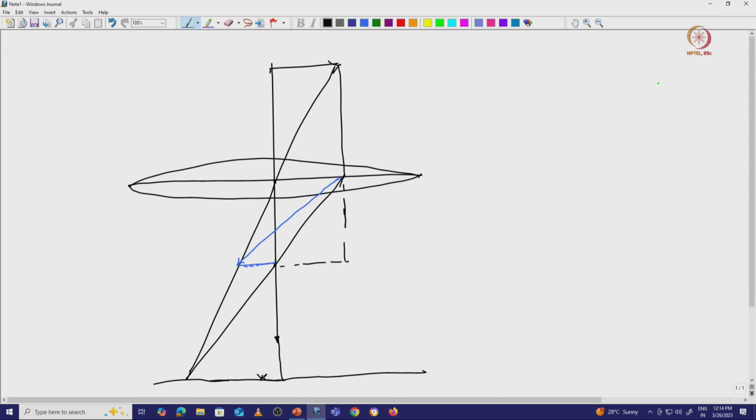This is the first focal length, and I will say this is f1. Now, this blue one, I can change this focal point again, and this is my f2.